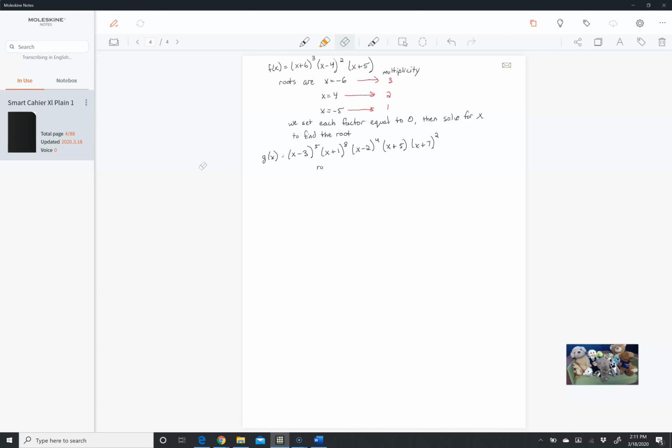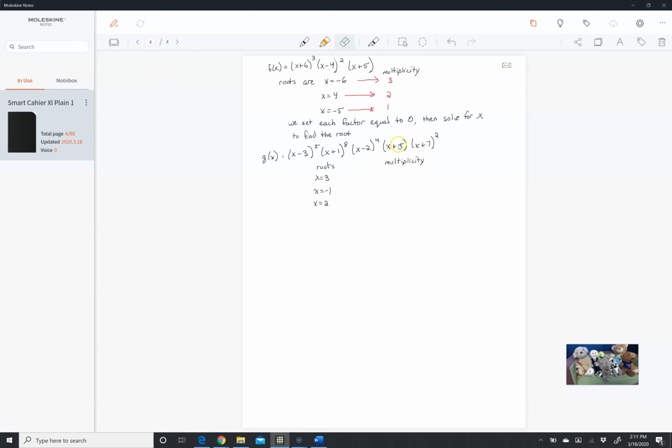Okay. Then we could find each of the roots. So we'll make a little table here. We'll have the roots, and then we'll have the multiplicity. So our roots here, from x minus 3, we have the root x equals 3. From x plus 1, we have the root x equals -1. From x minus 2, we have the root x equals 2.